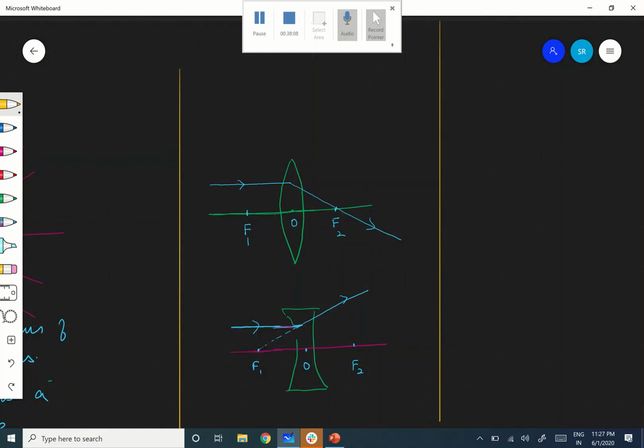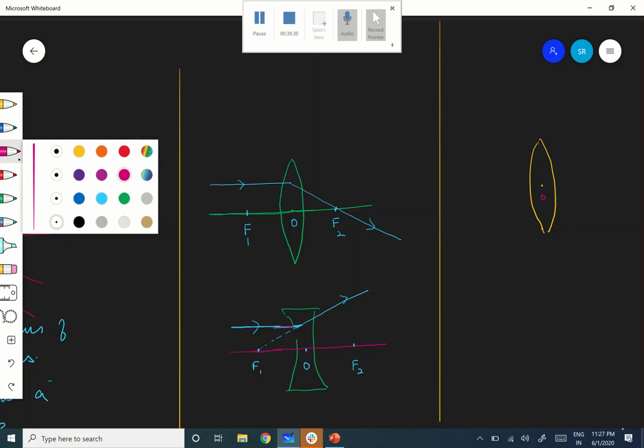For example, I have a convex lens. I just want to make the board colorful, that's why I'm using different colors, but contrast should also be maintained. I cannot use all the colors.